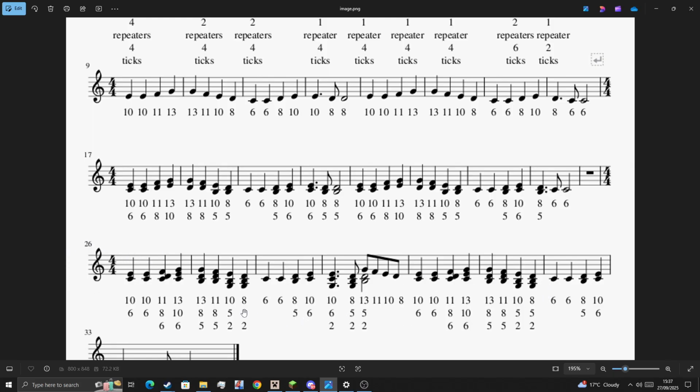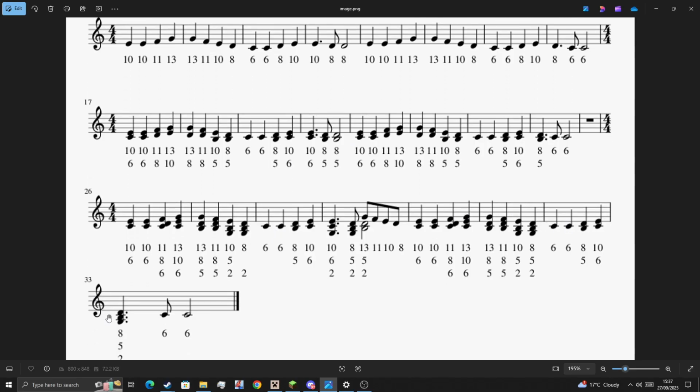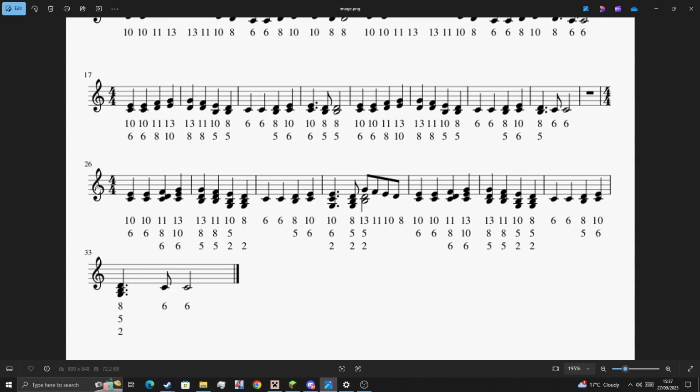That section there, include the 5 on this note here, where it's a 3-note chord, but there's only 2 written down. Include the 5, and then you get the sound. So there you go.